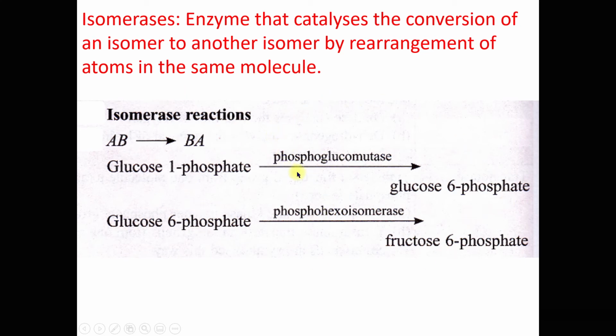So we have phosphoglucomutase that catalyzes the isomerization of glucose 1-phosphate into glucose 6-phosphate. Another example is phosphohexoisomerase that catalyzes the isomerization of glucose 6-phosphate into fructose 6-phosphate.